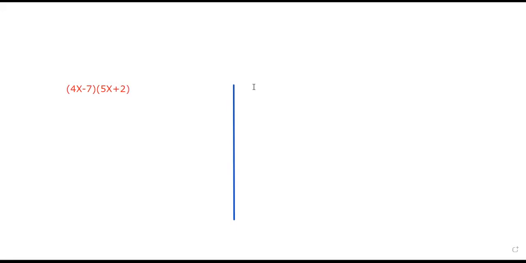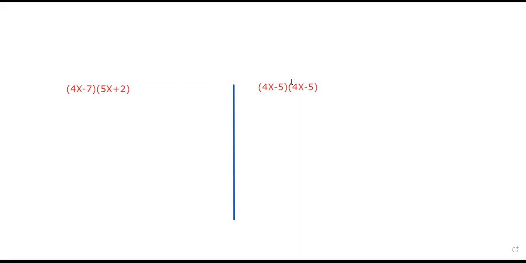Second question, 4x minus 5 times 4x minus 5.